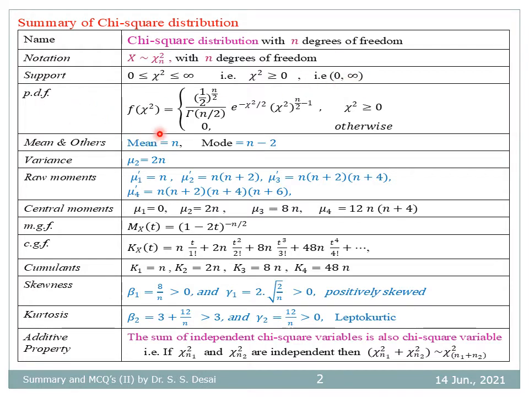PDF of chi-square is f of chi-square equal to half raised to n by 2 divided by gamma n by 2, e raised to minus chi-square by 2, chi-square raised to n by 2 minus 1, for chi-square greater than or equal to 0 and 0 otherwise.